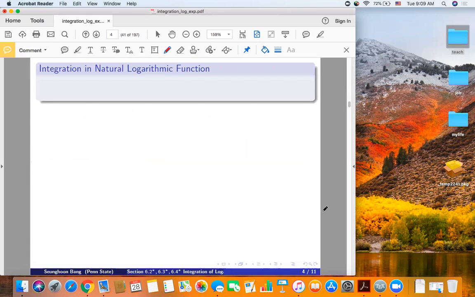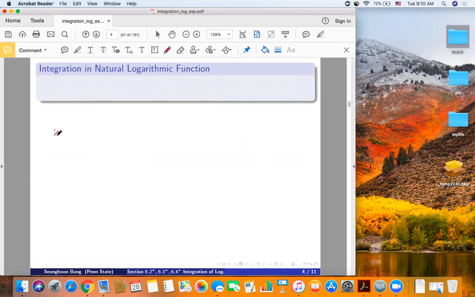The next tip. So we think about integration in natural logarithmic function. How can you find this kind of thing? I'm going to give one example. What is the relation between integration and derivative?